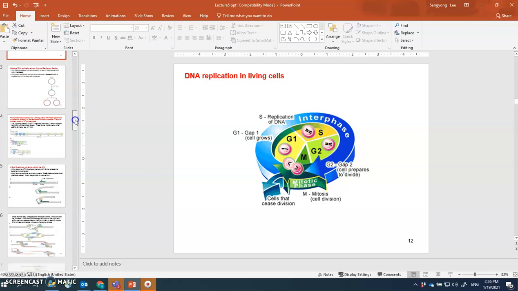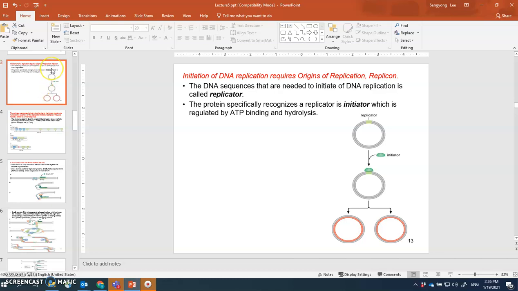If you look at the prokaryotic genome, you will be able to find a place called the origin of replication. That's where the replication will start. Another name for that is a replicon or the origin of replication.